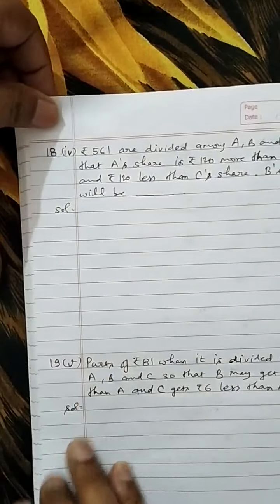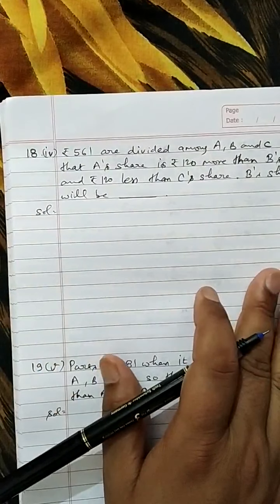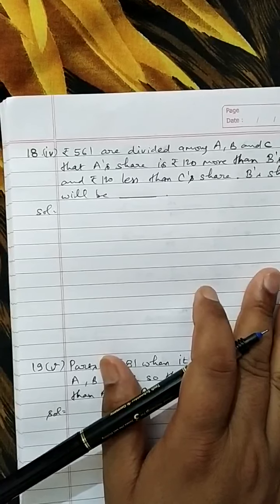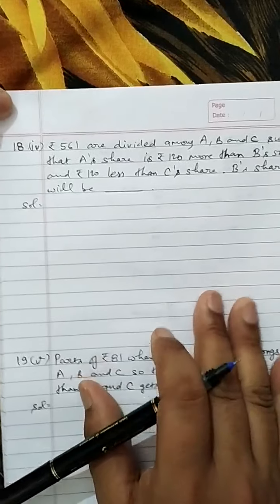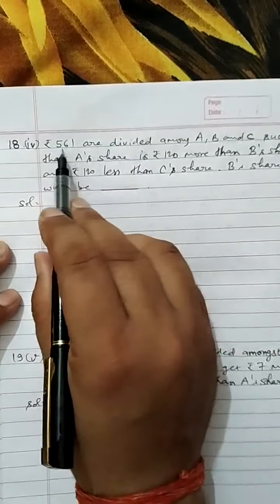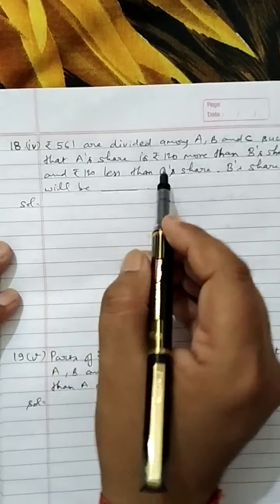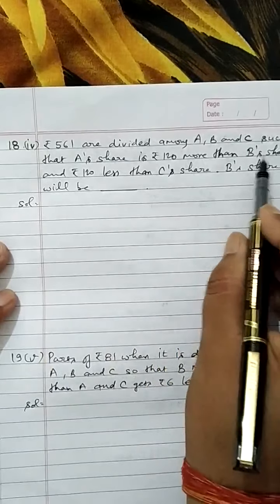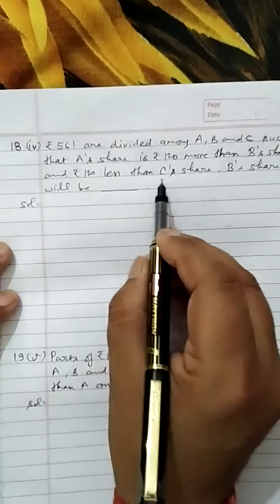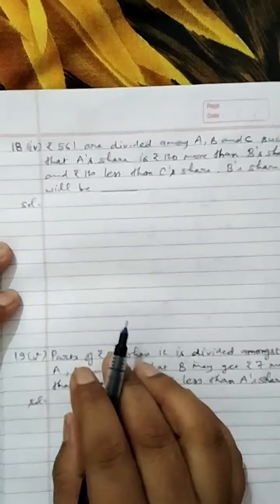Next, question number 18 is the fill in the blanks, but you have to solve all the parts separately. Okay. Don't do it like fill in the blanks. Rupees 561 are divided among A, B and C such that A's share is 120 more than B's share and 120 less than C's share. B's share will be... Okay.